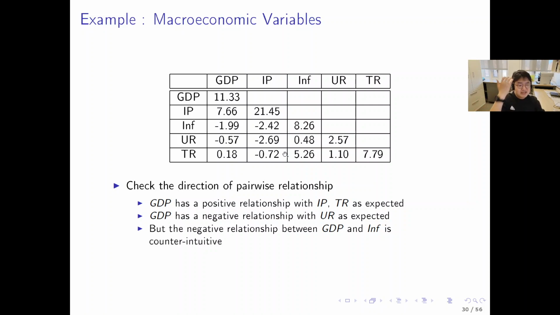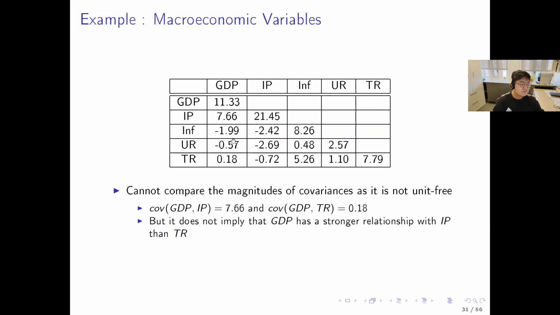But as you may have expected, we would like to learn the strength of the relationship. The absolute values of the covariance do not imply the strength, so we cannot compare the magnitudes.